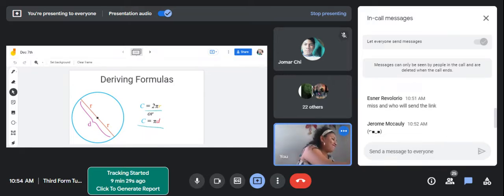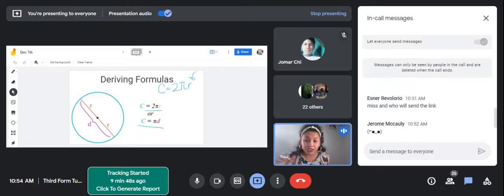How do we go about doing this? If I have that circumference is equal to 2 pi r and I need to make the radius the subject of that formula, it means that I need to leave r by itself.